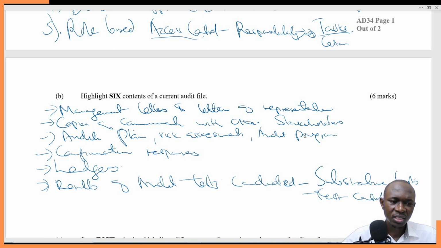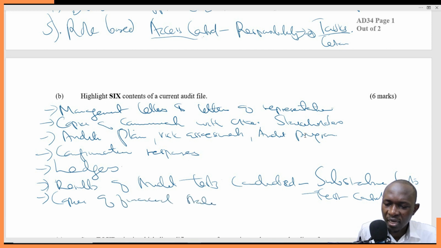Copies of financial statements, and I can also add the audit reports. Audit reports for that particular year will also be contained in the current audit file.